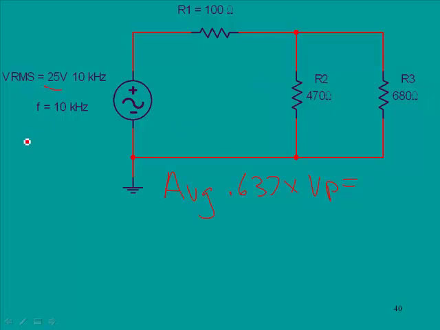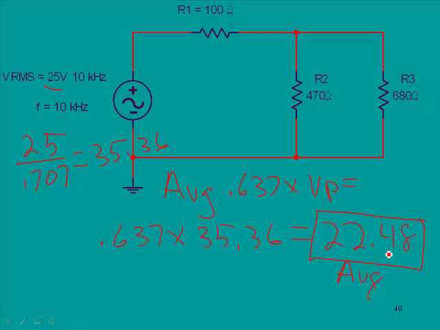We need to convert that to peak, so 25 divided by 0.707, and that's going to yield 35.36. So if we take 0.637 times 35.36, we will get 22.48, and this represents our average voltage.